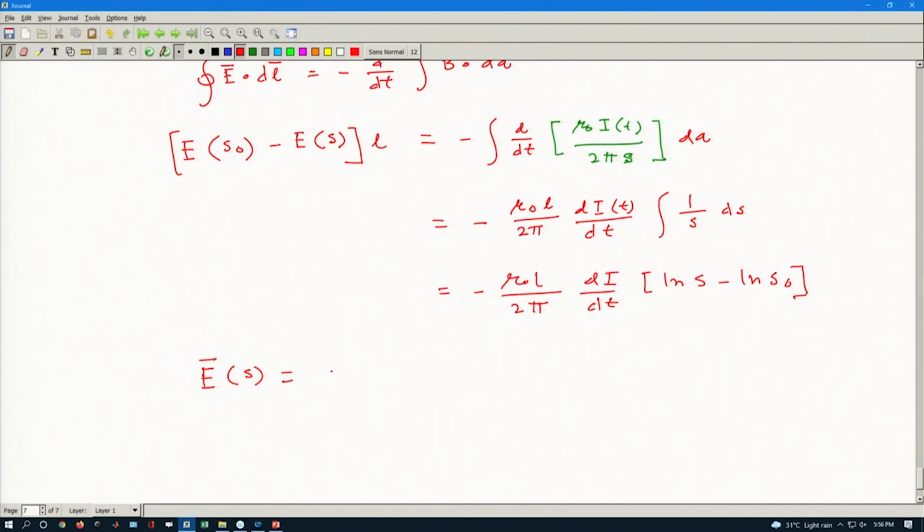So I have mu 0 divided by 2 pi, and the change of the current, whose explicit form is not given. Then I have ln S and a constant k, and E will be along the z direction, where k is a constant.